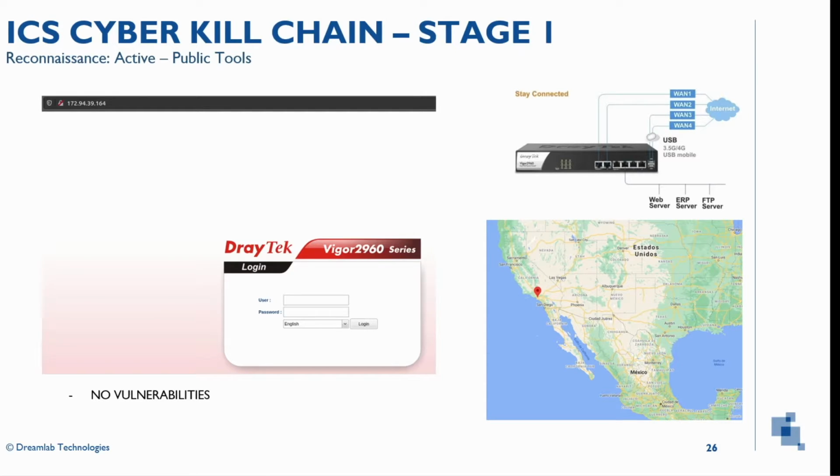With a little more research and investigation, we see what type of device it is and which part of the world the IP address is assigned to. So it's in the United States, and it has no known vulnerabilities.